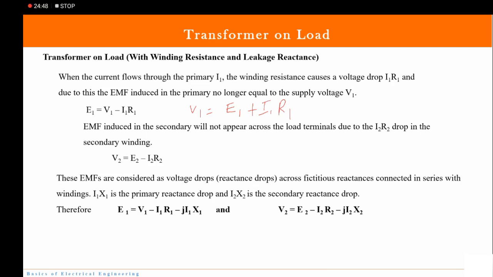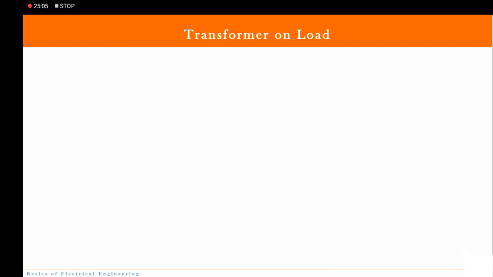Similarly, the same equation for V2 is also considered after considering the reactance. Remember, these are fictitious reactances, which means they are not actually connected. They are not physically there, but they are representing leakage and winding resistances.